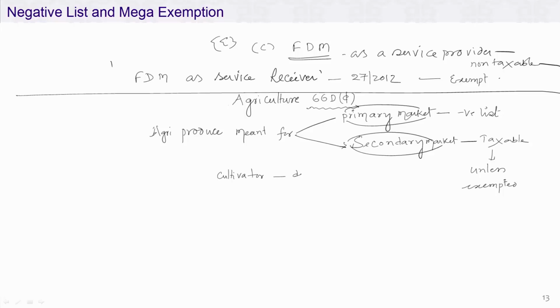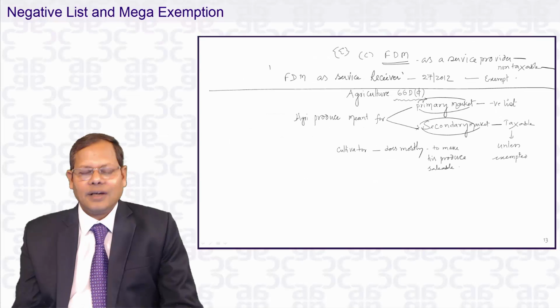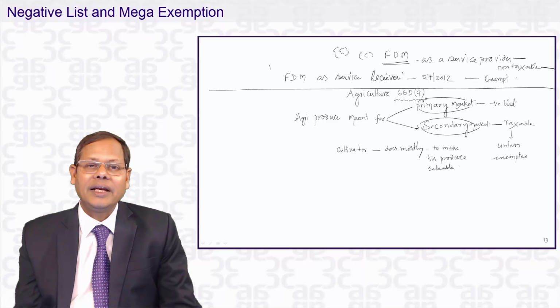In many a case, he does the operations mostly to make his produce saleable, like washing, like cleaning, like drying.